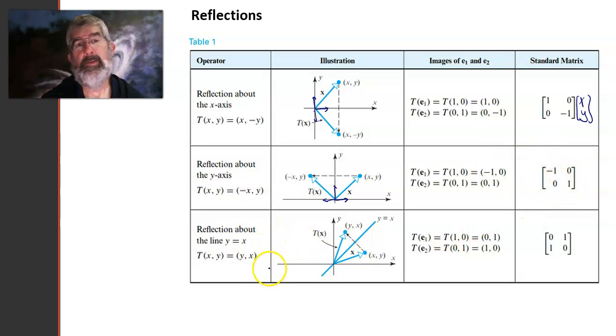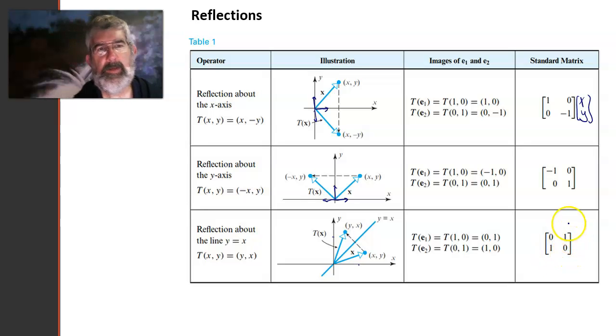The other of the simple reflections here is across the line y equals x, and this essentially just interchanges the roles of x and y. The point (x, y) turns into the point (y, x). So in particular, the point (1, 0) goes to (0, 1), and (0, 1) goes to (1, 0). There's the first basis element going to (0, 1), and the second basis element going to (1, 0).